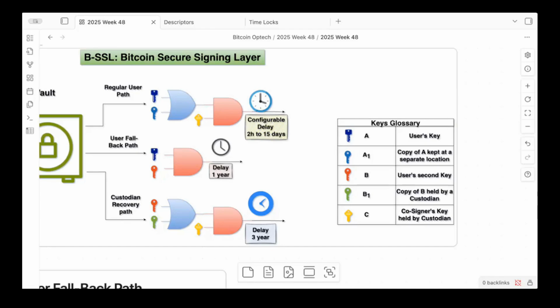It depends on this configurable delay. For example, let's say I send 1 Bitcoin to this vault, and to spend it there is a configurable delay of 1 year, and so on. Now suppose some more Bitcoins come into this vault.